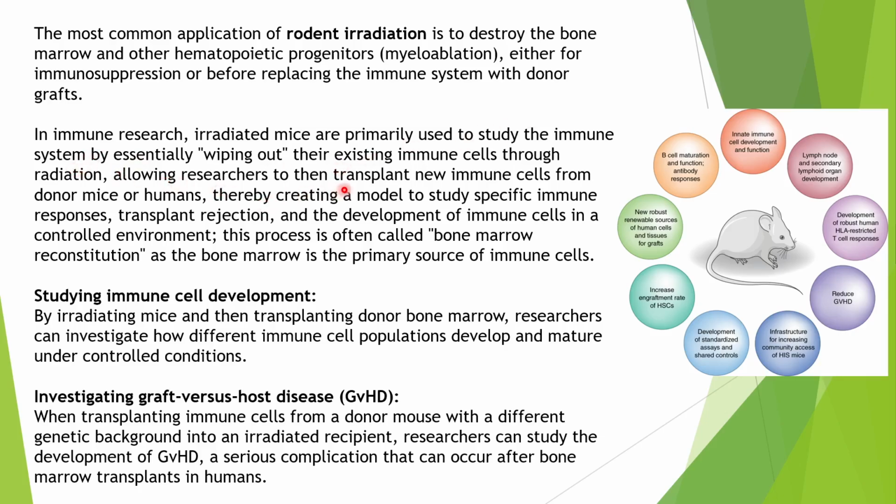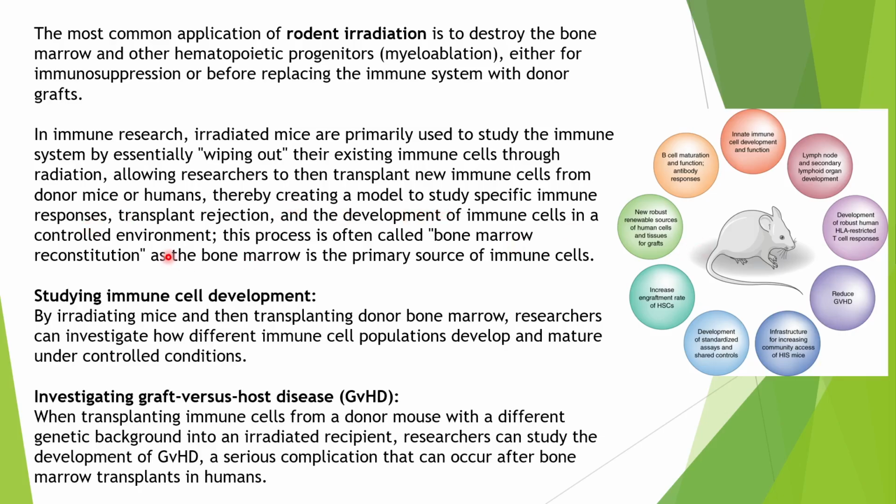This allows researchers to then transplant new immune cells from donor mice or even humans, thereby creating a model to study specific immune responses. Like I said, specifically your B cell functions, your B cell maturation, or your T cell responses, specific things without the involvement of other lymphatic or immune system. You can study only one particular thing.